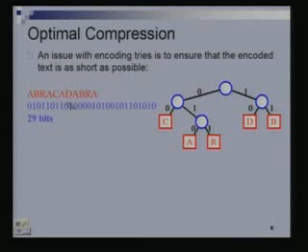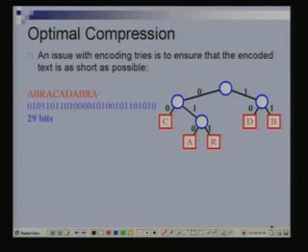How will you compute such a thing? Well, let's quickly do that to make sure that you understand. What is the frequency of each character? How many times does A appear? 5. B? 2. C? Once. D? Once. R? Twice. How many bits am I using for A? 3.